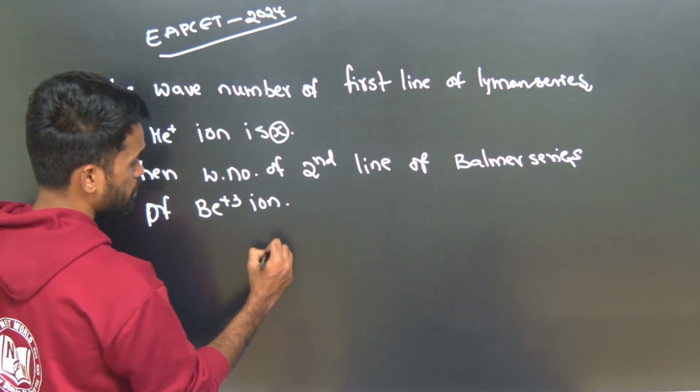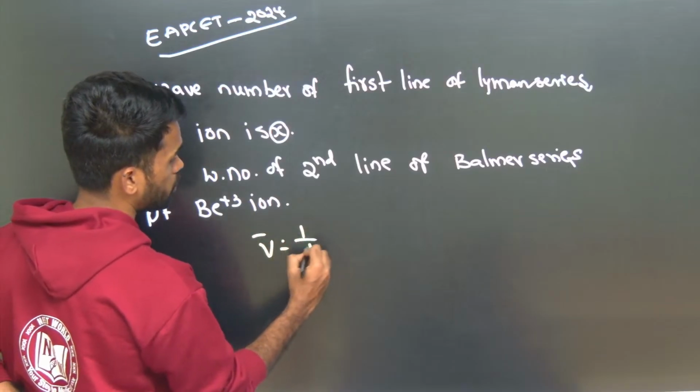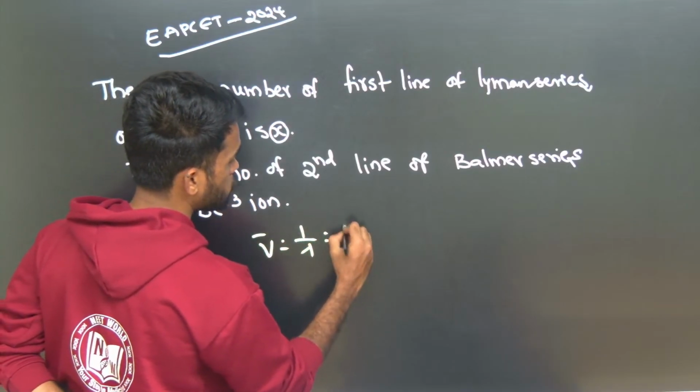Wave number means nu bar, which is 1 by lambda, equal to RH Z square.